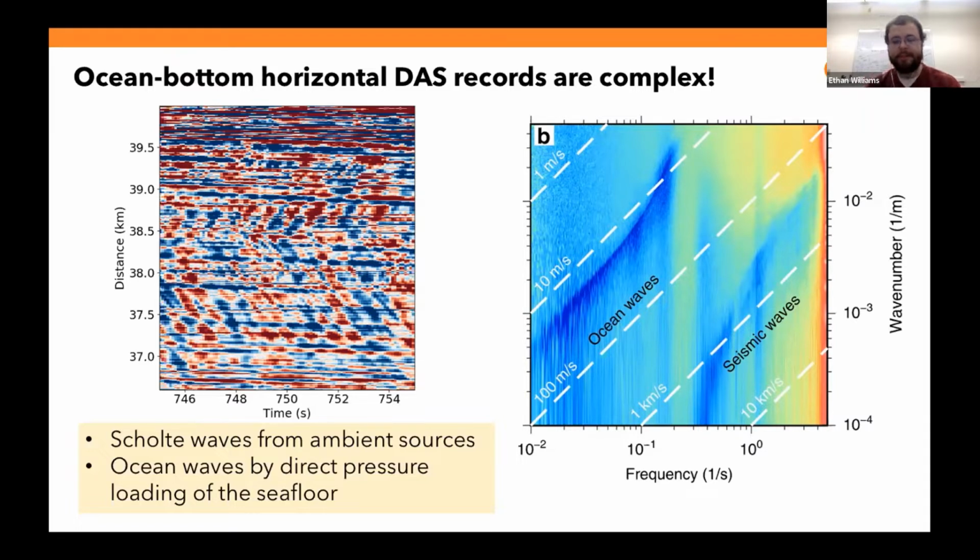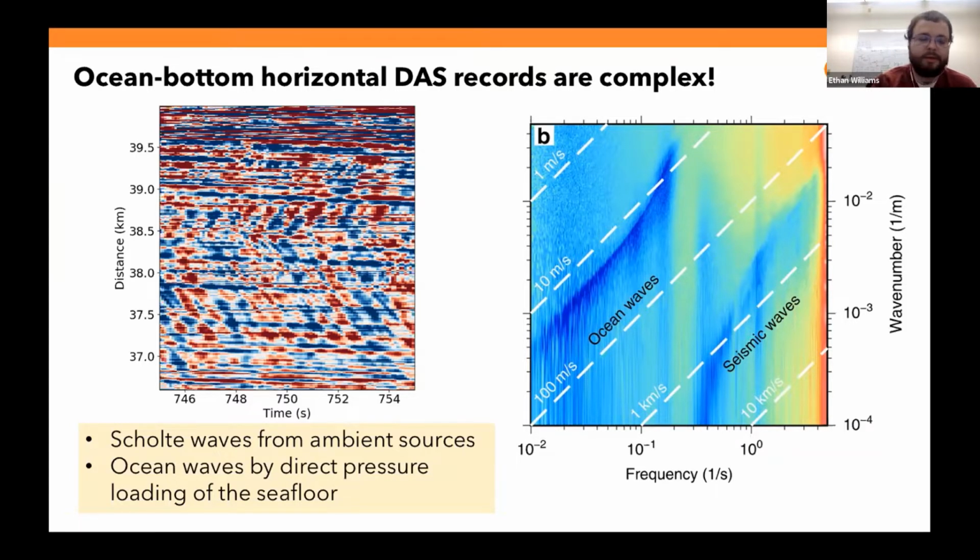And so a straightforward approach to organize this, which is facilitated by distributed acoustic sensing because it's a spatially continuous measurement, is doing a 2D Fourier transform to directly convert the distance and time data set into a frequency and wavenumber spectrum, which allows us to separate waves by their characteristic velocities.